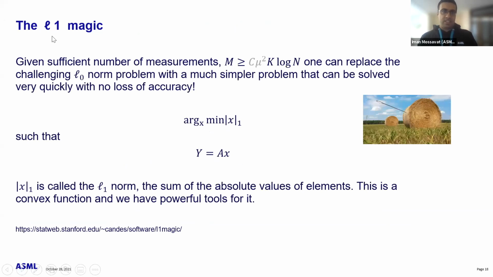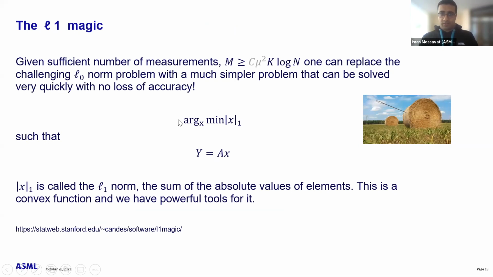However, there is then a magic called L1 magic. This is essentially what really started this field and put this name around 2006. If you have enough measurements, which means that your number of measurements grows with the number of non-zero elements, as well as the log of the space that you're solving, so the total number of pixels, we can solve this very difficult prior with a much simpler prior.